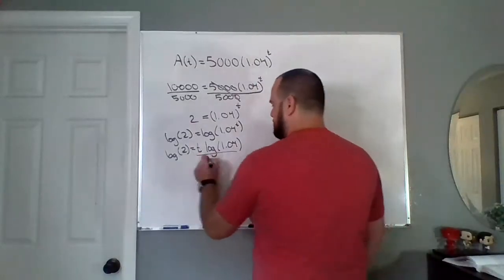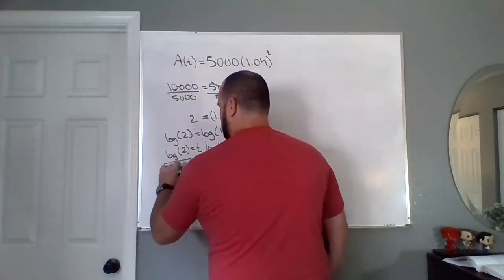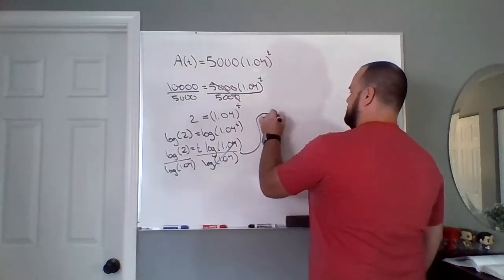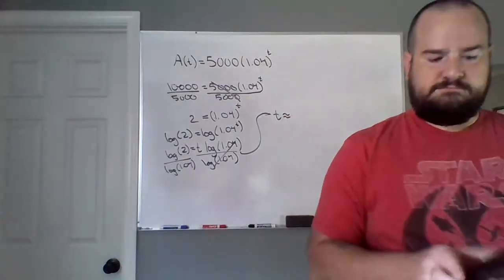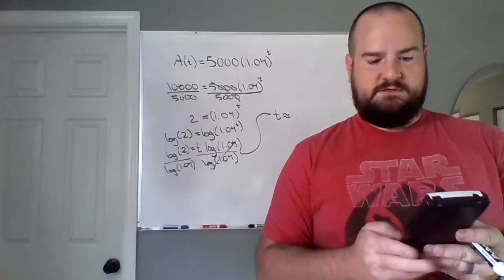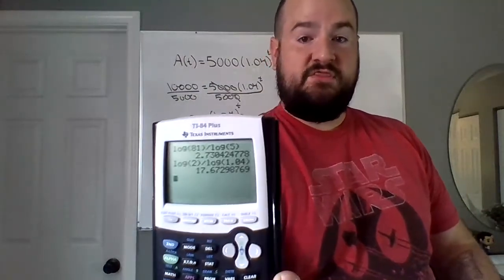We divide by the log of 1.04. And we get that t is approximately log of 2 divided by log of 1.04, which is 17.673.